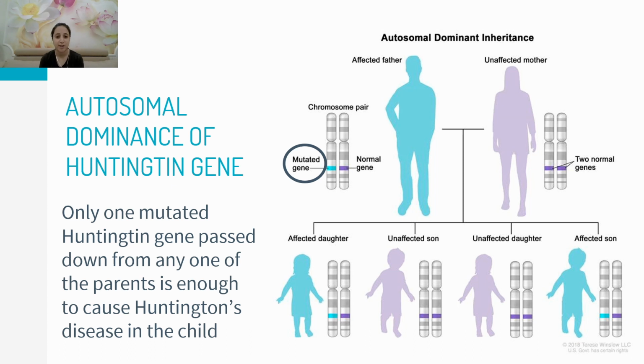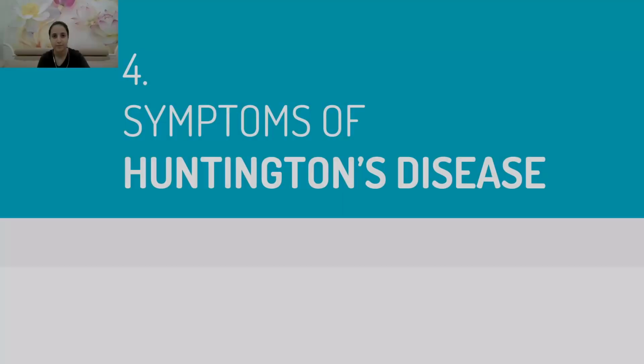And the second gene, the normal gene taken from their mother, does not matter at all, because the mutated gene asserts dominance over the normal gene. This is what we mean when we say that the HD gene shows autosomal dominance, because when it is inherited, it dominates the second gene, and if it's present, the person will definitely develop the disease.